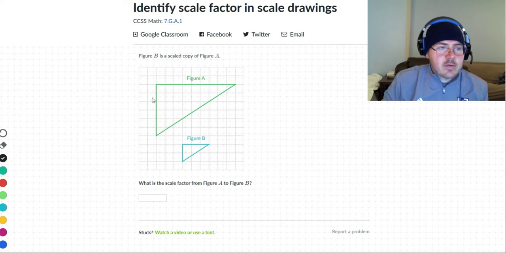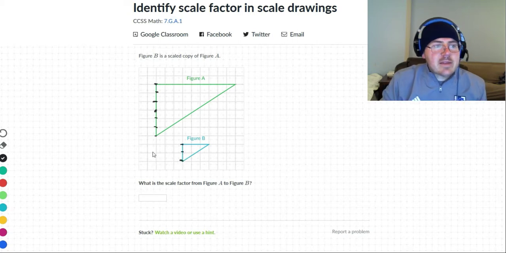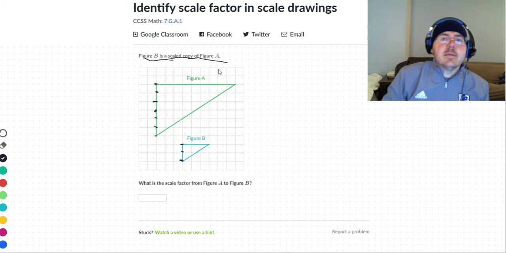and mark this for you so it's easier to see, we are going to try and figure out what the scale factor is between these two shapes. Since they tell us figure B is a scale copy of figure A, we know that they're similar shapes.